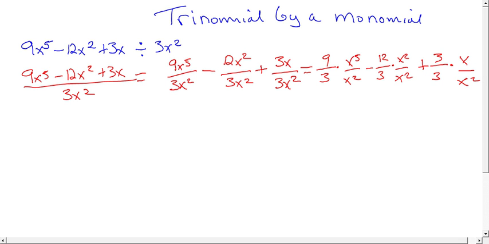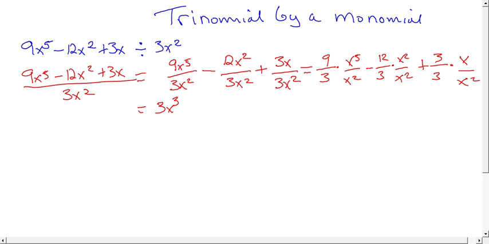Okay, so now once we do that, we can come back here, and we know that 3 goes into 9 3 times, and again x squared divides into x to the fifth. We're going to subtract 5 minus 2, and we'll get x to the cube power. Again, when you're looking at variables, these exponent rules say when you divide you subtract.